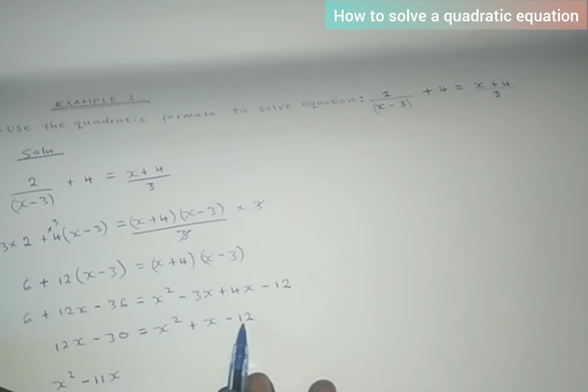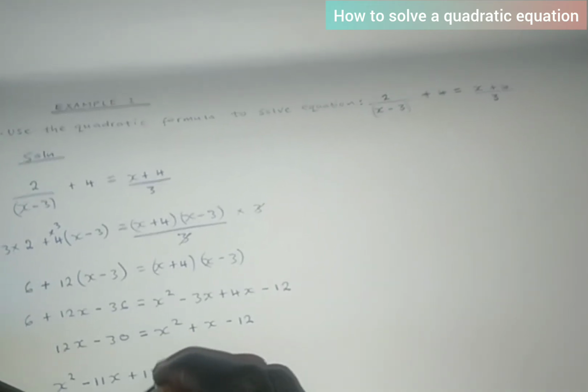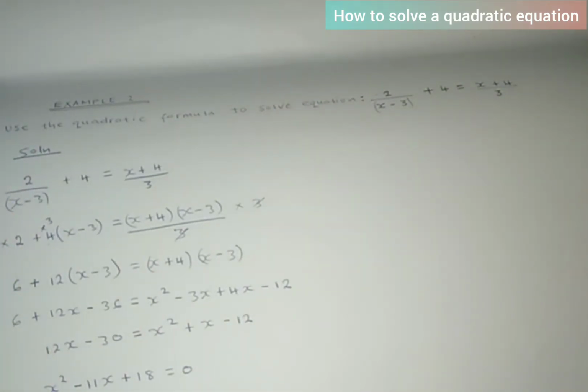So negative 12 plus 30 will be 18. Plus 18 is equals to 0.